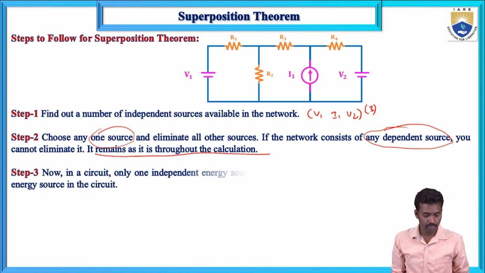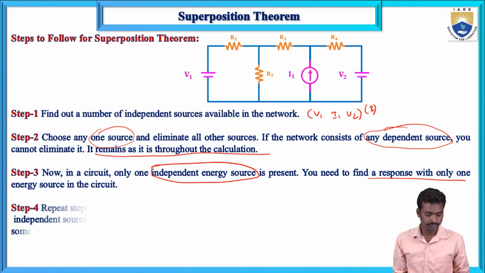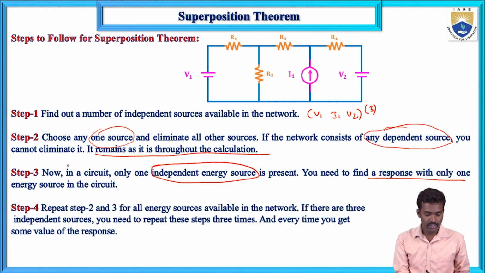Now step 3. Now in the circuit only one independent source is present. While calculating the individual responses, one source is active and you find the response with only that one energy source active. Repeat steps 2 and 3 for all energy sources, V1, V2 and V3. At a time only one source must be active.